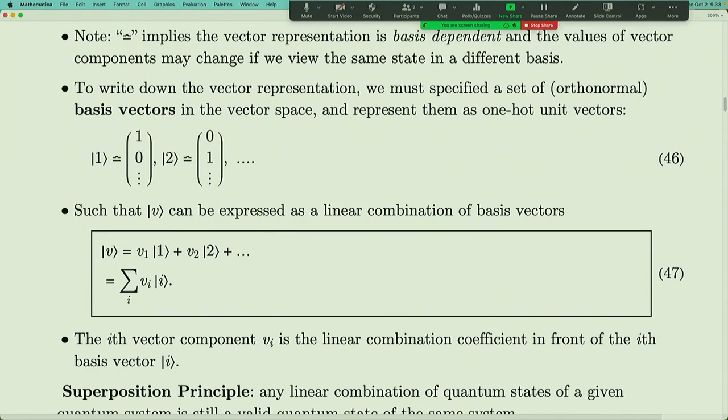And in order to write down this representation, we need to specify a set of orthonormal basis vectors. In a coordinate system, the basis vectors are basically unit vectors along all different directions. For example, in two-dimensional space, you may have an x basis and a y basis. The x basis vector is like (1, 0), y is like (0, 1).